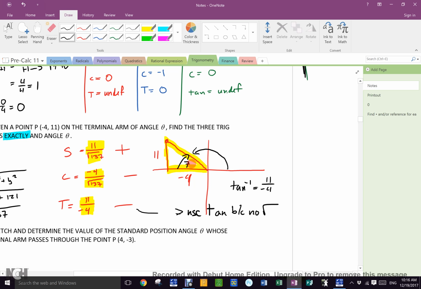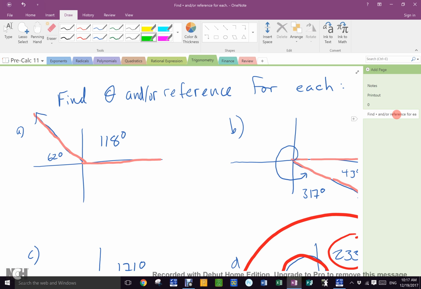If this in here is 70, I want theta. Where does theta live? Which is theta, the blue or the green? We just did it right here.